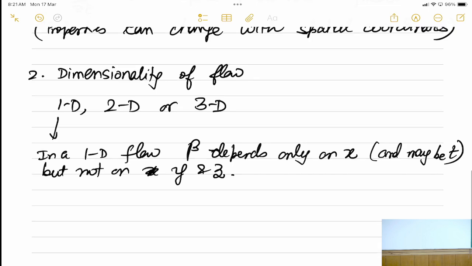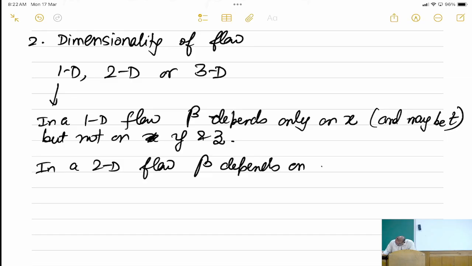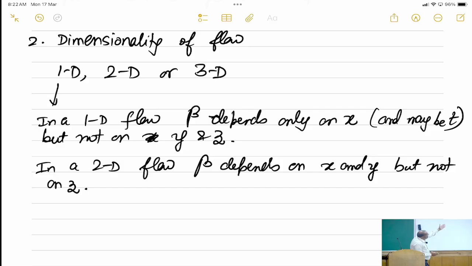And similar to that, in a two-dimensional flow, of course, I've taken x and y as this.